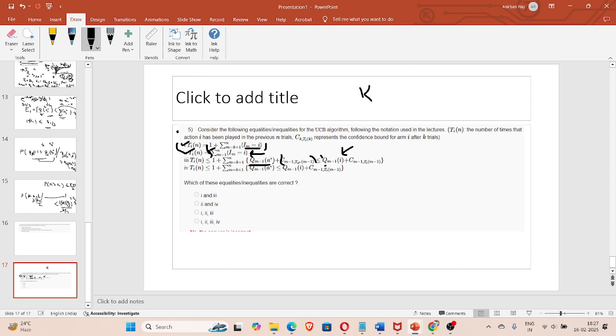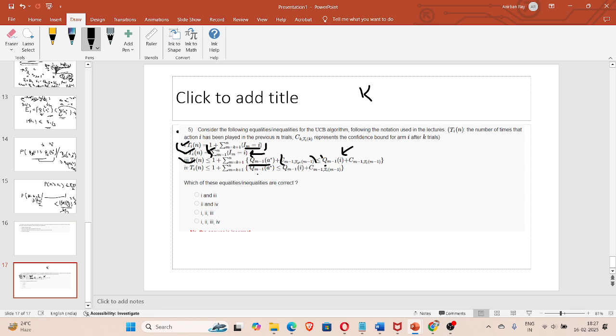So that is when we are going to take the ith arm, that many times from k plus 1 to n. So this is also the answer, right? Any doubt? No, it is right.